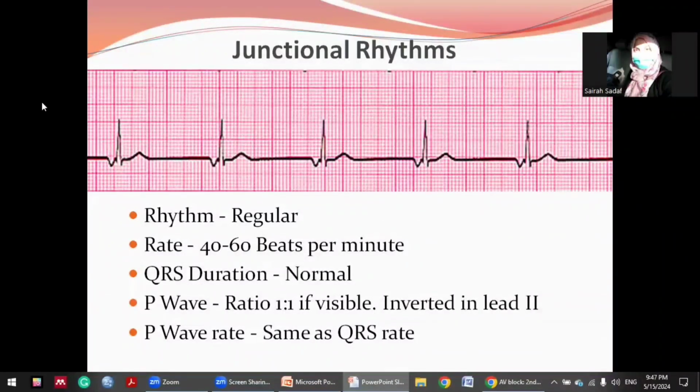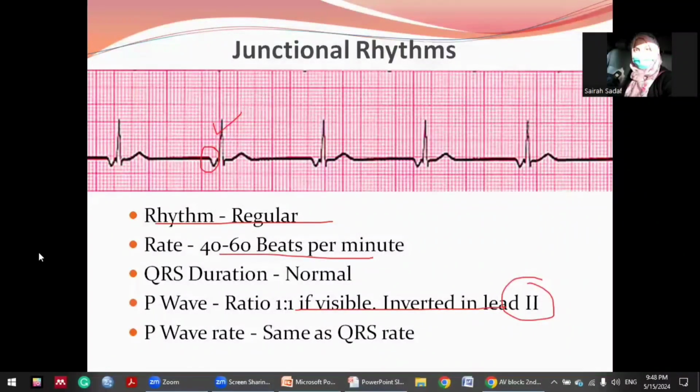Now, what we have here is a narrow complex. QRS complex is narrow, less than 3 small squares or 0.12 seconds. P wave will be inverted, an abnormal P wave, and rhythm will be regular. If the P wave is visible, it is usually inverted, and in lead 2 it is inverted.